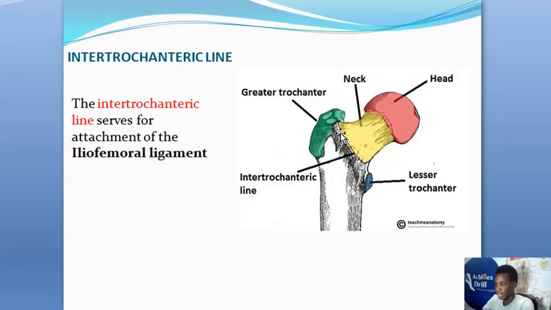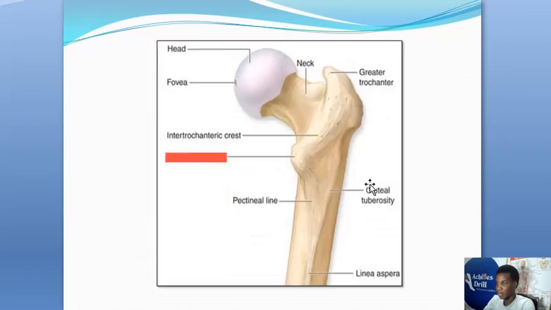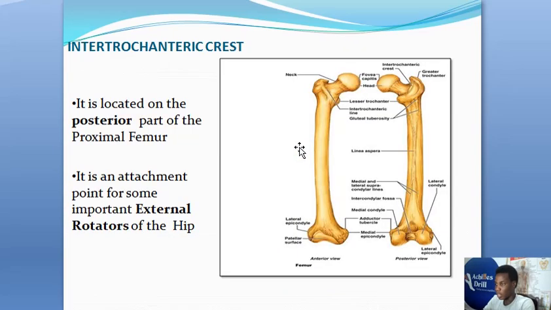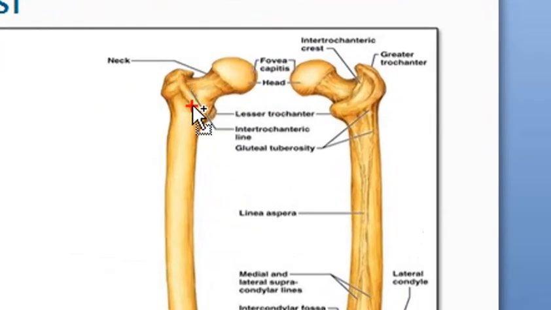So we can see the intertrochanteric line right here in front, but the intertrochanteric crest is behind. Okay, here is the intertrochanteric crest right here. It is behind; this is a posterior view.